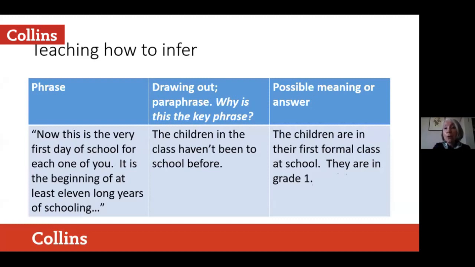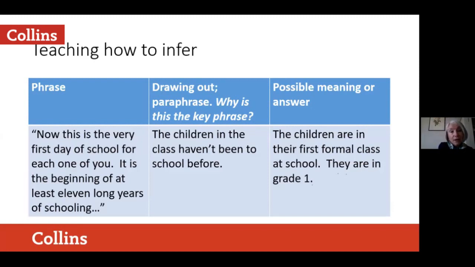You can see we can use a grid like this to help students learn how to do this kind of reading. They identify the phrase, they explain what it means. Now is the very first day of school, means they haven't been to school before. And then they extrapolate from that this must be their very first formal year in school, which in India is grade 1.